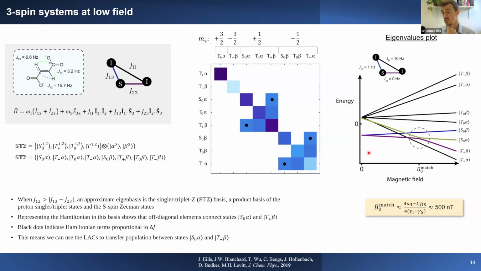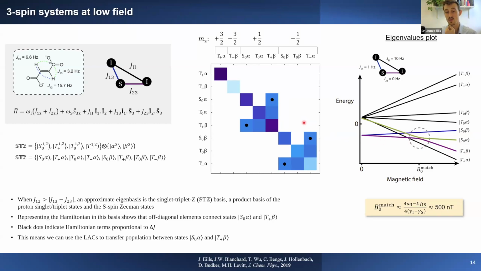And as we increase the magnetic field, the state energies diverge, and we have this important level anti-crossing here, this avoided crossing between 2 of the states. And those 2 states, we can follow the lines, that's singlet alpha and triplet plus beta. So there is an avoided crossing between them.